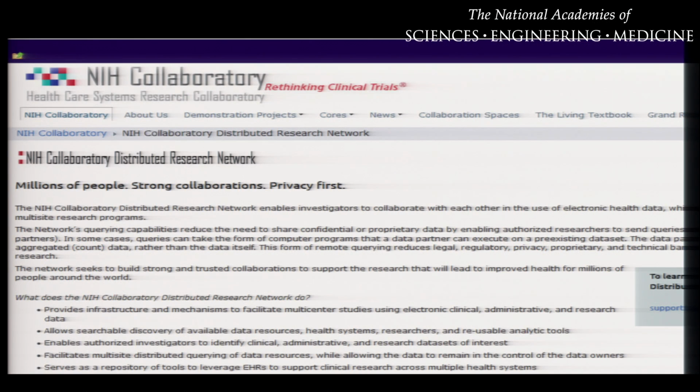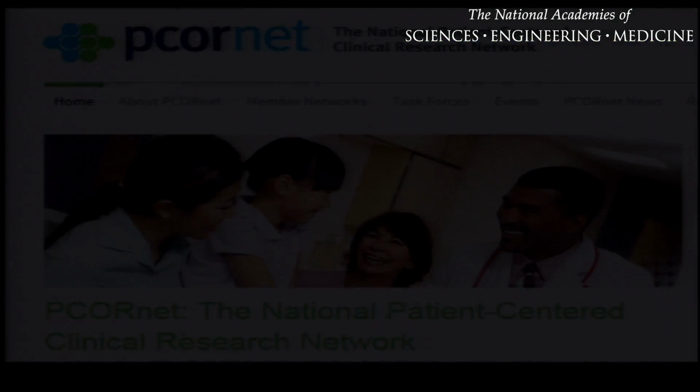And so with NIH support through the director of the office initiative called the Healthcare Systems Research Collaboratory, we've built the Collaboratory Distributed Research Network, which provides a mechanism for NIH and other investigators to work with these same Sentinel data partners if they wish to do that, but freed of the requirement that they align with FDA's interests.